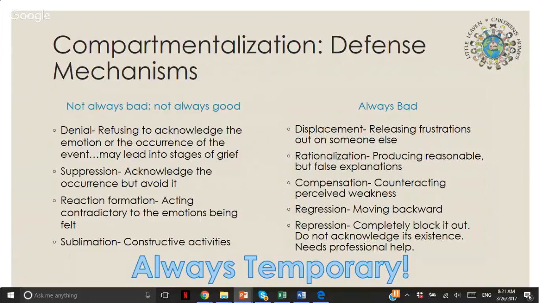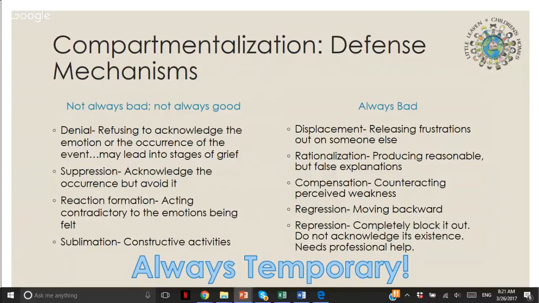Suppression is not always bad. It's not always good. That's when you acknowledge the occurrence, but you avoid it. Suppression is good in a way because if you know that anger isn't good for you, you try to stay away from things that make you angry.